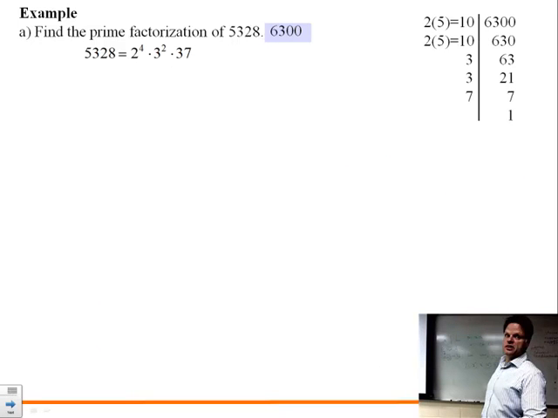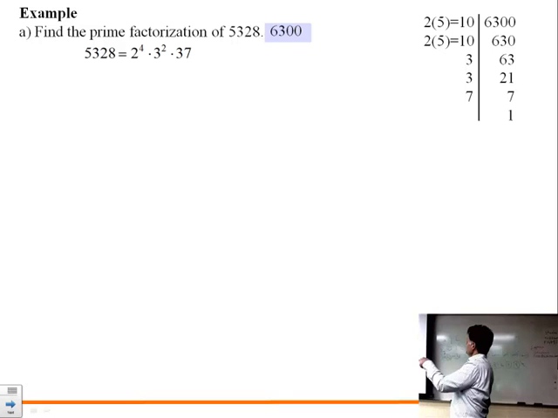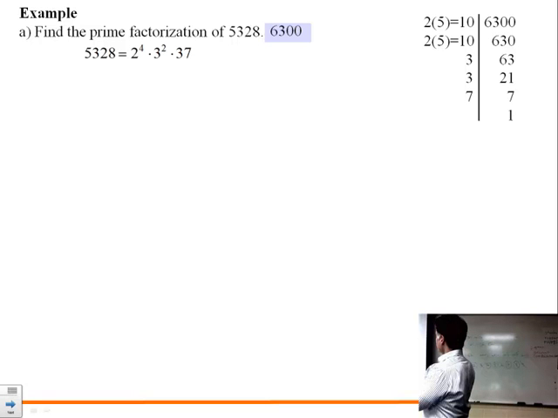So first we find the prime factorization of 6300. So we take 6300 and we divide by 2 and keep dividing by, whoa, I did a shortcut here. Here's the shortcut. If there are trailing zeros, these are factors of 10. 10 is 2 times 5, so you can pull out the factor of 10 right away.